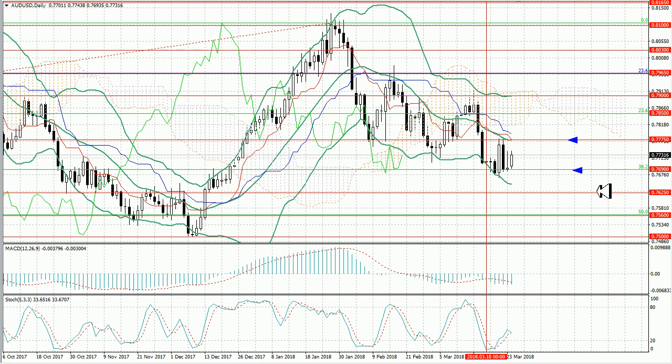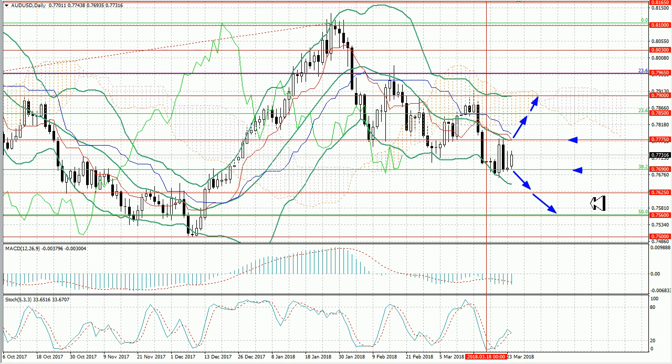The breakout of the level of 0.7775 could lead to growth to the levels of 0.7850 and 0.79. The breakdown of the 0.7690 mark will give the prospect of a decline to the levels of 0.7625 and 0.7560.